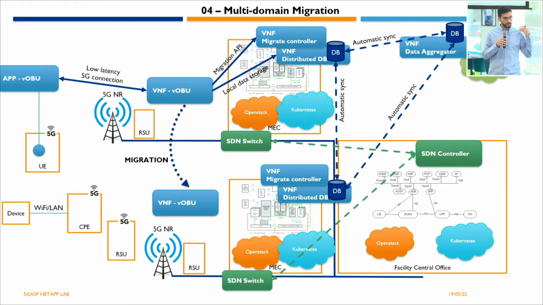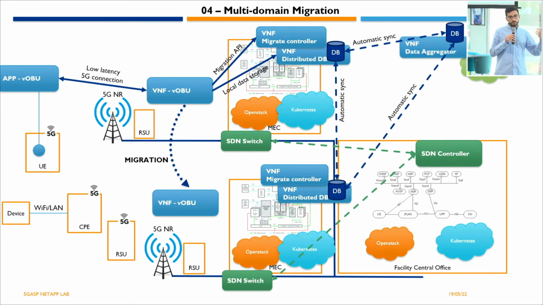Here you can see a similar architecture to the virtual OBU, but with some differences. We have a controller for each domain, obviously, and then we have the data aggregator, which is the common and single entry point we had earlier.